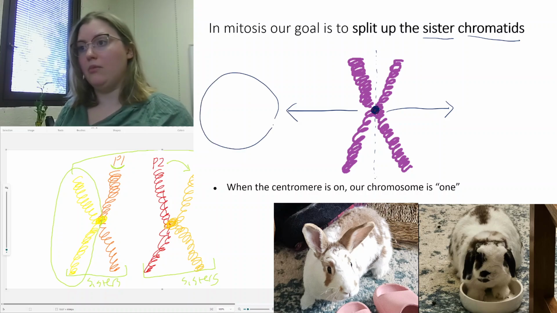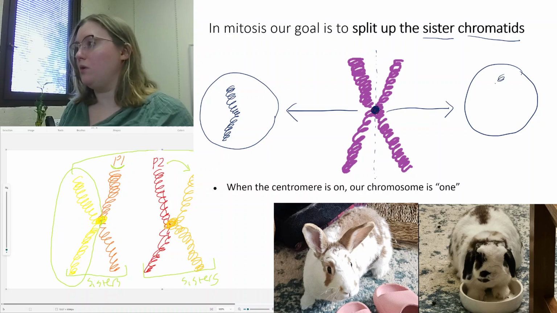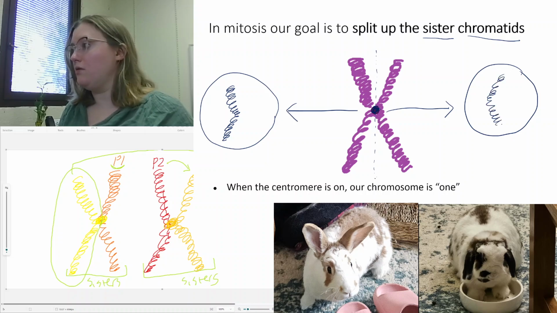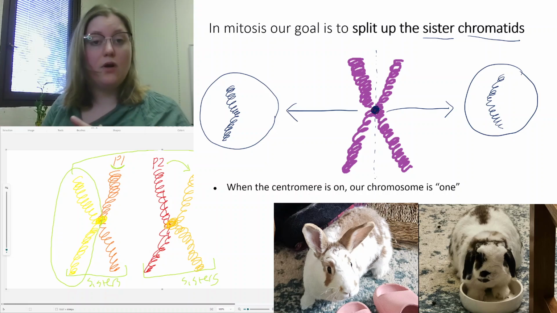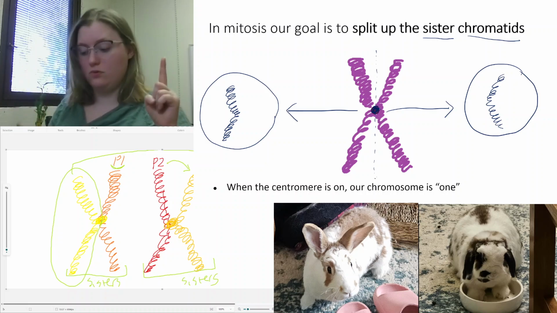So then we're going to end up with one chromosome here and one chromosome here. Once the chromatids are no longer connected at the centromere, they are counted as two separate chromosomes, okay?